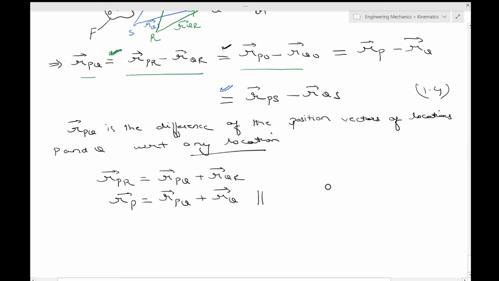And we can also write, now let me draw a diagram over here.